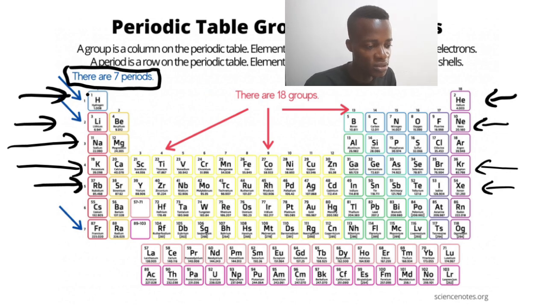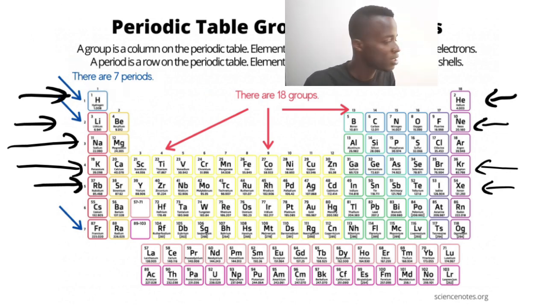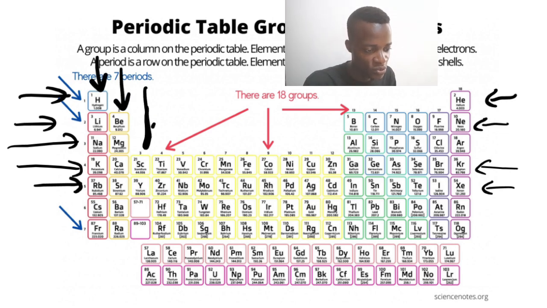Now, the groups, the vertical component. If you look at it vertically, meaning this way, this way, this way, right? We call them groups. So this is one group, this is another group, another group, another group.